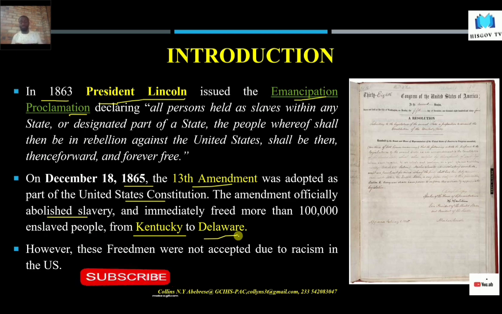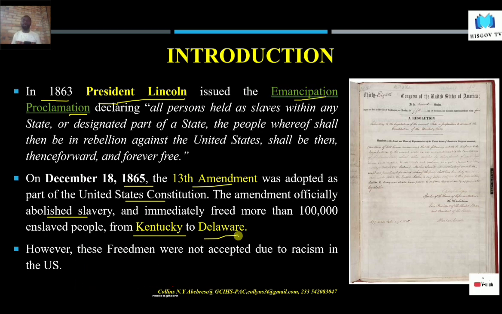Yes, they were free, but society was finding it very difficult to accept that these freedmen are part of the U.S. And so that came with it a whole lot, together with unemployment and all of that. So the freedmen faced a lot of challenges in the U.S.